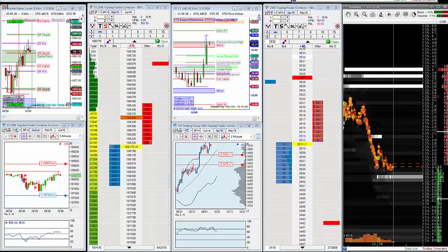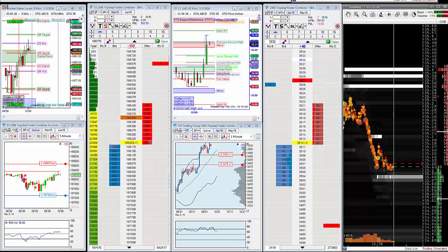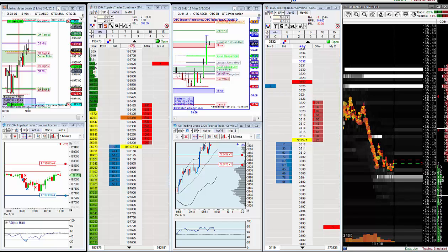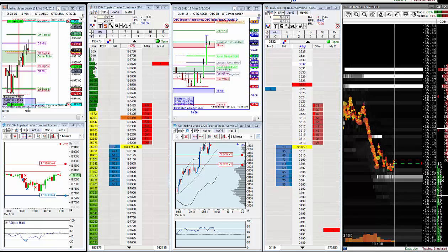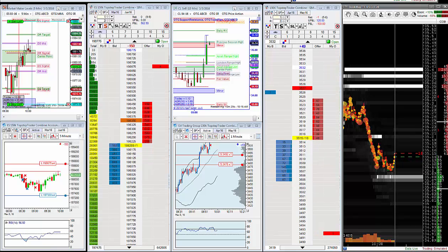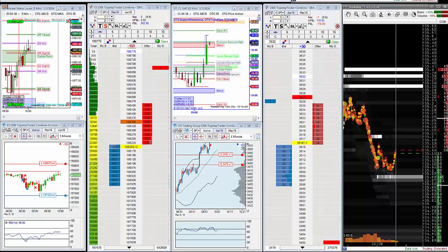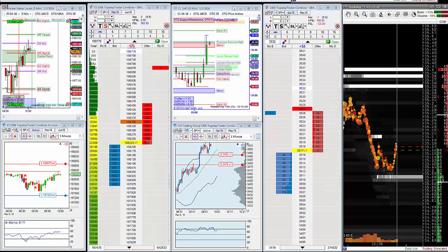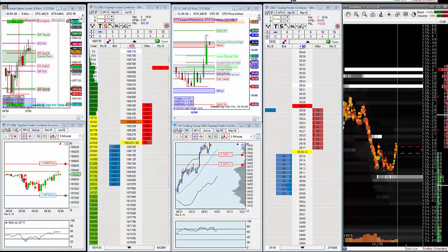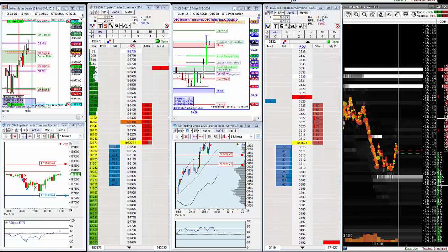There's 10. You got an iceberg order down here at 10. It may hold. This 10 may hold. Lots of liquidity underneath you here.